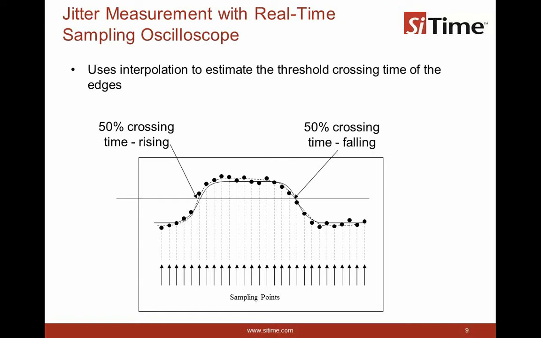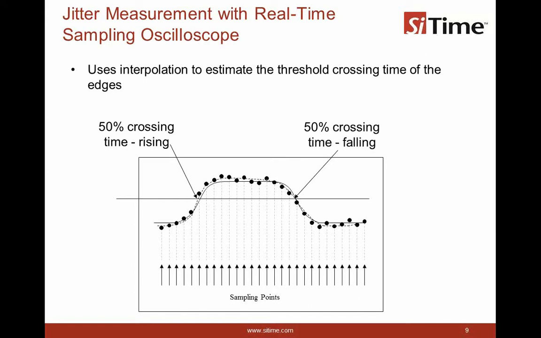Here on the screen, I'm showing a cycle of a clock signal that is being sampled at uniform intervals. The scope is going to try to reproduce numbers that closely match the voltages measured. But there is always some level of error associated with that, related to internal circuits or just the limited resolution of the analog to digital converter in the scope. Typically those are around 8 to 10 bits.